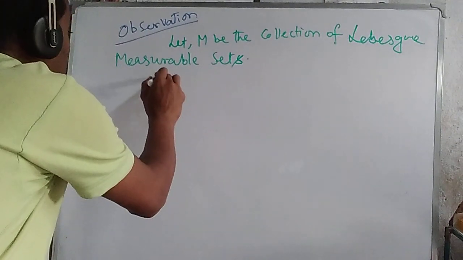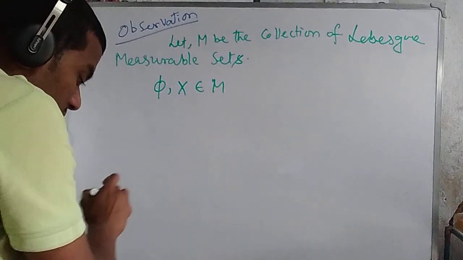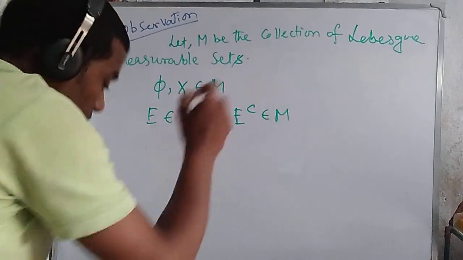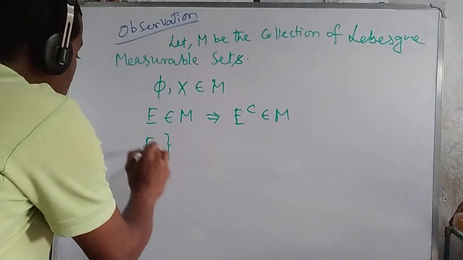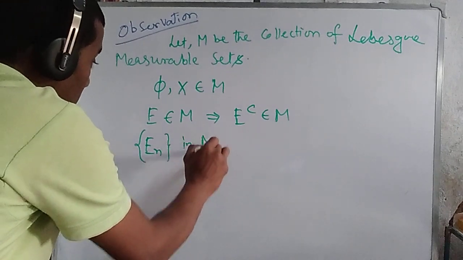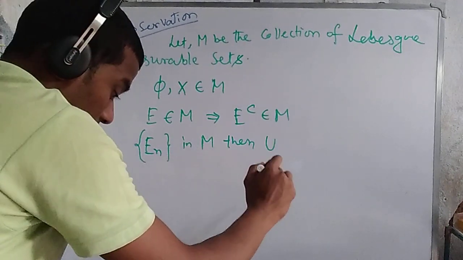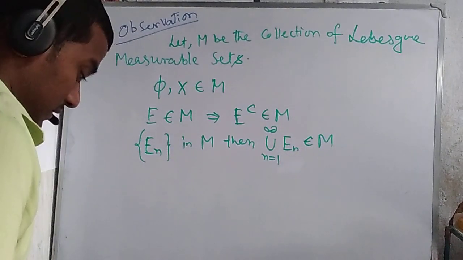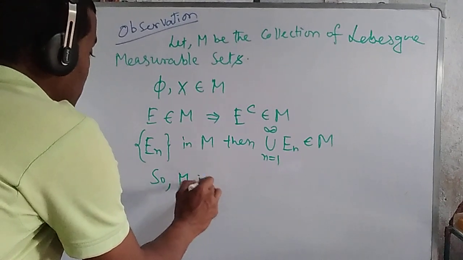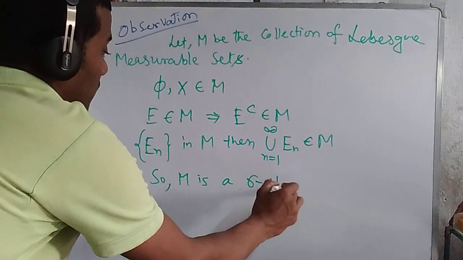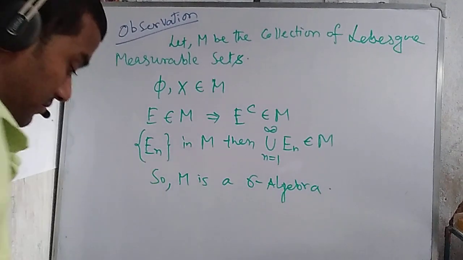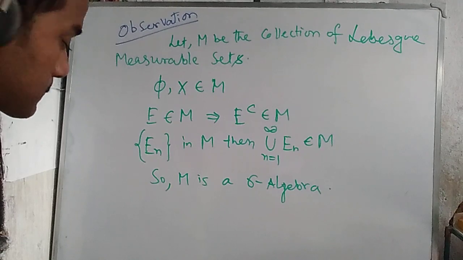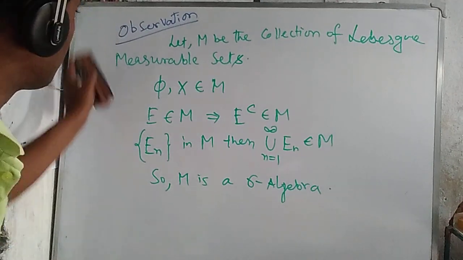Then first, phi belongs to M. Second, if E belongs to M, then E complement belongs to M. Third, if E_n is in M, then the union over n equals 1 to infinity of E_n belongs to M. So M is a sigma algebra.